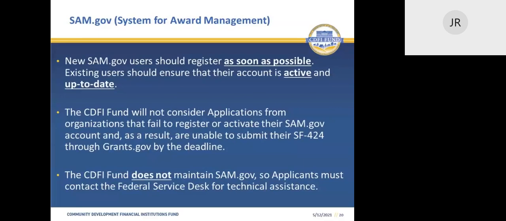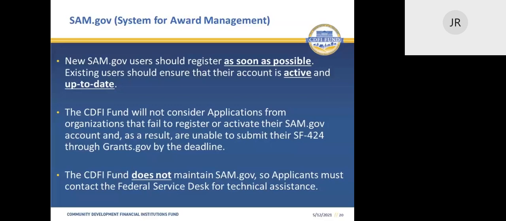If you're unable to obtain a SAM.gov registration confirmation, you will not be allowed to submit the SF-424. And additionally, if the SF-424 is not successfully submitted and validated by the deadline, the applicant will not be able to submit materials in AMIS, and the application will be deemed ineligible.